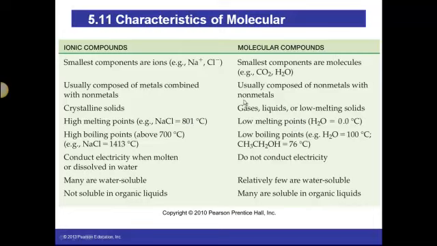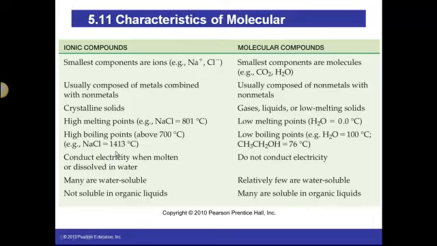So our molecular compounds have much less interactive force between the molecules because they don't carry full charges. So they're going to be typically gases, liquids, or low melting solids at room temperature. They have much lower melting points than our ionic compounds and much lower boiling points as well.